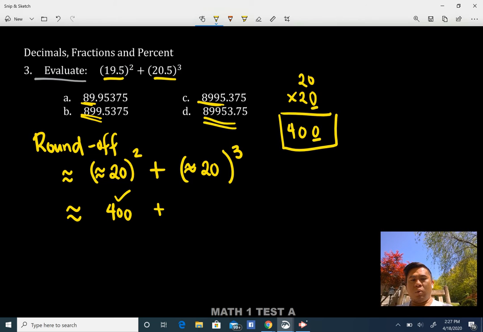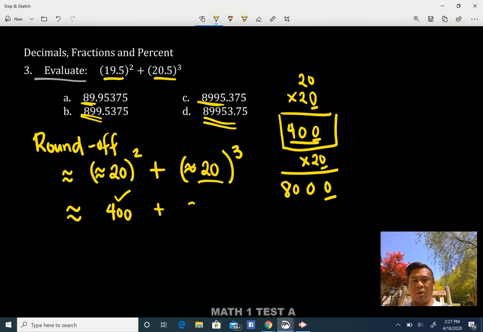The next one, to get my 20 cube, I will multiply this 400 by another 20 to get my 20 cube. So again, this first zero, bring this down, and then 2 times 400 will be 800. So in this case, this is now approximately 8,000 for 20 cube.